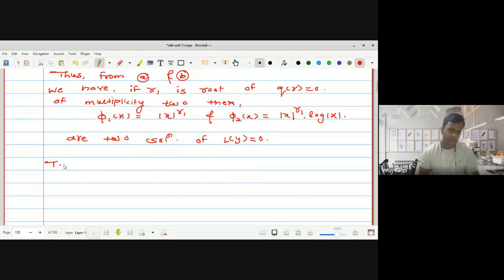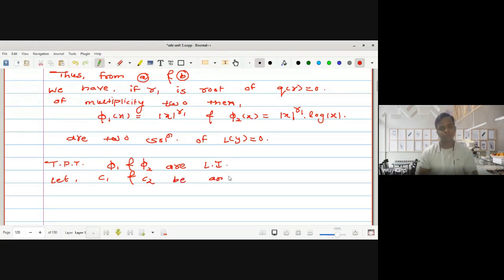Okay, now to prove that phi1 and phi2 are linearly independent solutions, let C1 and C2 be any two constants. हे लिनियरली इंडिपेंडेंट दाखवण्याची प्रोसिजर आहे. लेट C1 and C2 be any two arbitrary constants such that C1 phi1 plus C2 phi2 is equal to 0. जर असं असेल तर C1 is equal to 0 and C2 is equal to 0 आला तर काय होईल, तो phi1 and phi2 are the linearly independent solution.